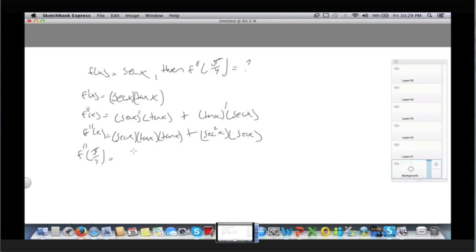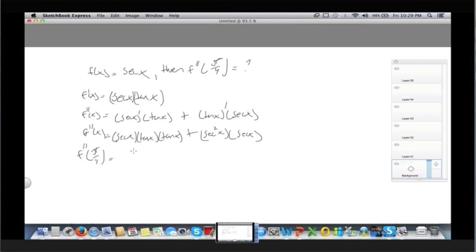I'm not sure how to use secant on the calculator. I know we've gone over this. What was your guess? How are you guessing that you should do it? 1 over cosine of x. Okay, yeah, so you didn't have high confidence, but you were remembering that correctly. That is the correct method.